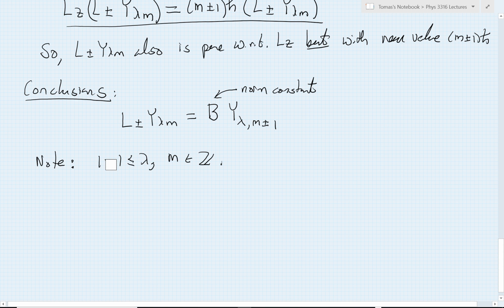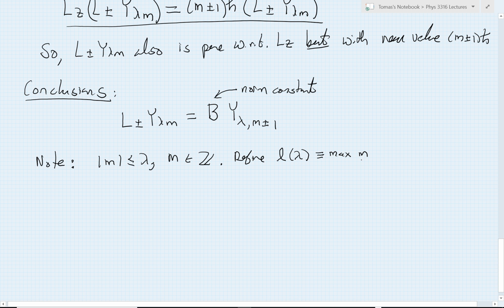Now, because of these constraints that I've just mentioned, we can define a new integer L, which is going to depend, of course, on which total angular momentum sequence of states I'm talking about. And we're going to define that as the maximum allowable value of M. We know there is some maximum value allowed for M for a given lambda because M can't exceed a certain value, and M is an integer. So we know there is a certain maximum value.